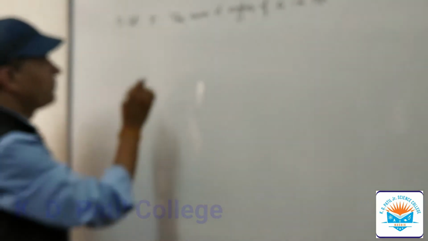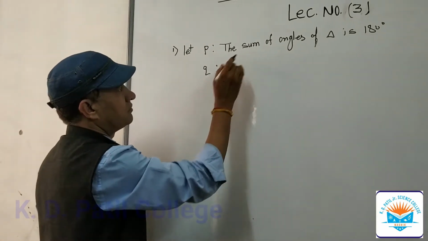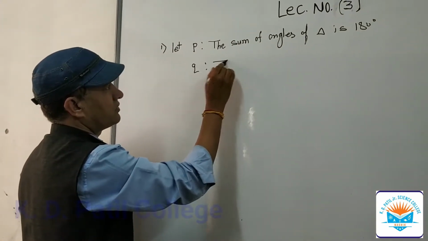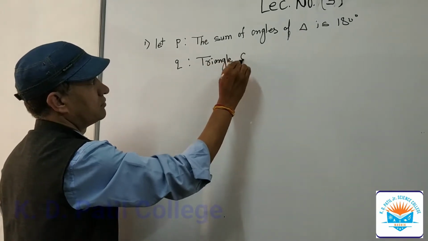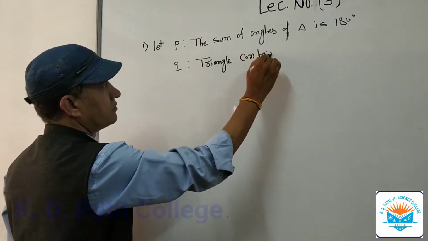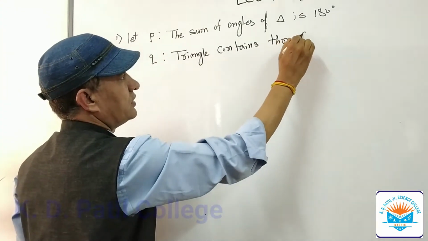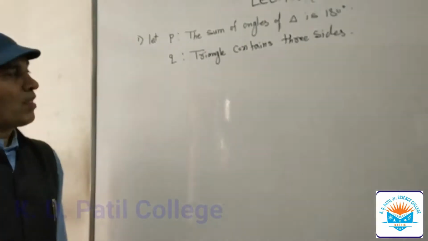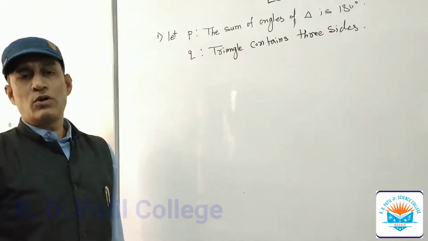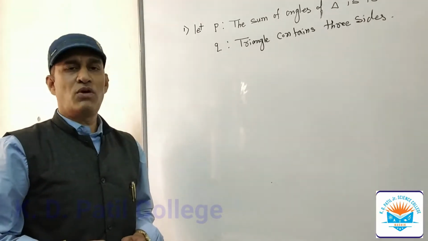Q such that a triangle contains three sides. I want to use these two atomic statements in different symbolic forms.